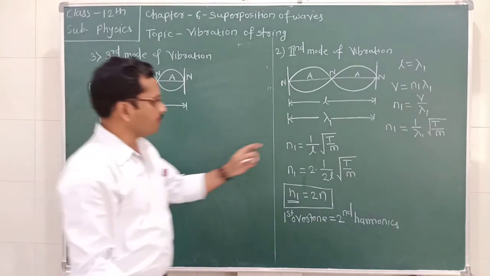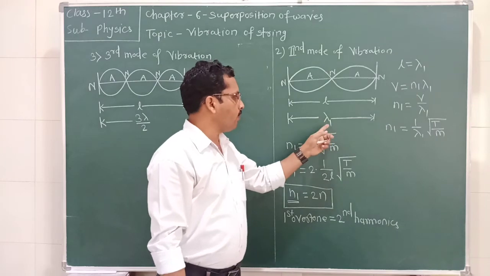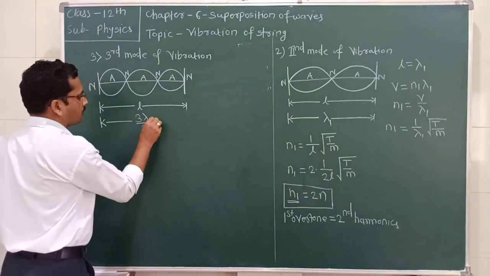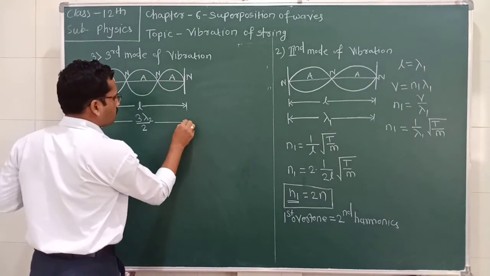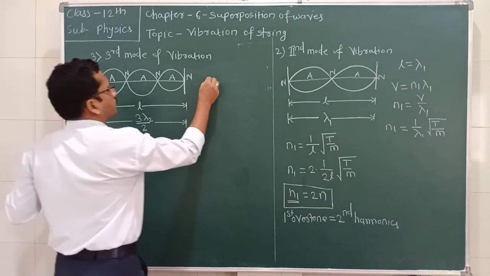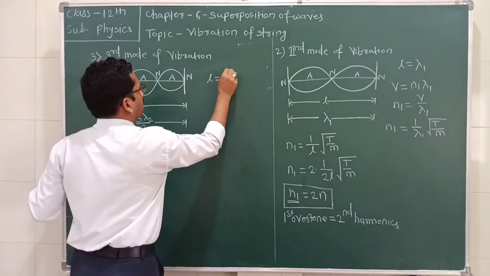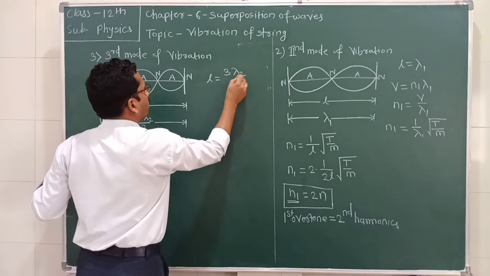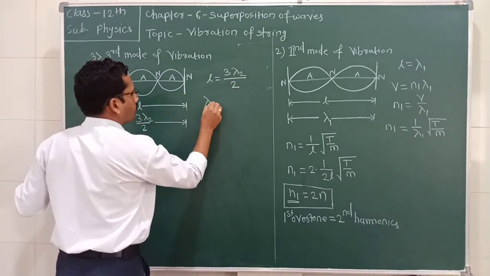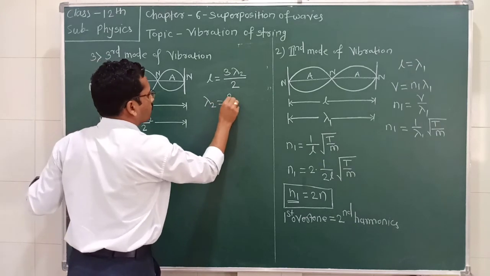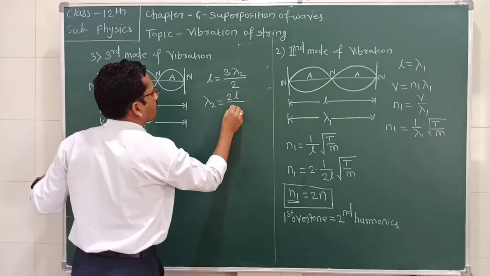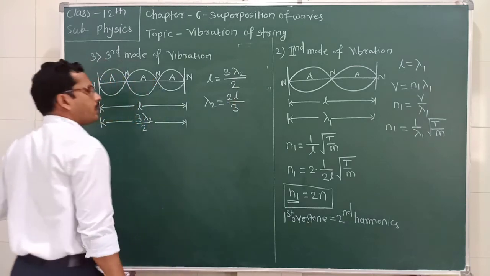But as we denote the wavelength of the second mode as lambda 1, here we are going to denote it as lambda 2. So what we can write is L is equal to 3 lambda 2 by 2. Therefore, lambda 2 is equal to twice L divided by 3. Okay.